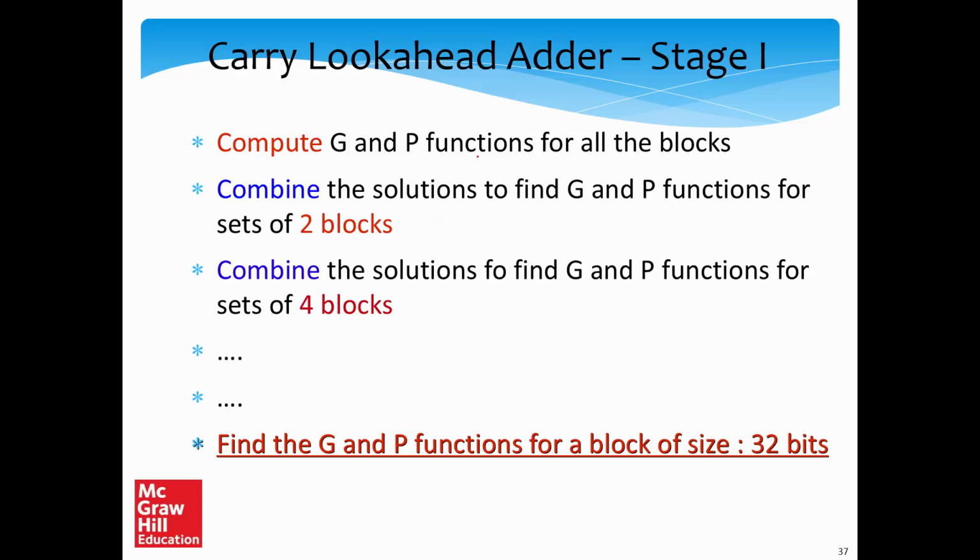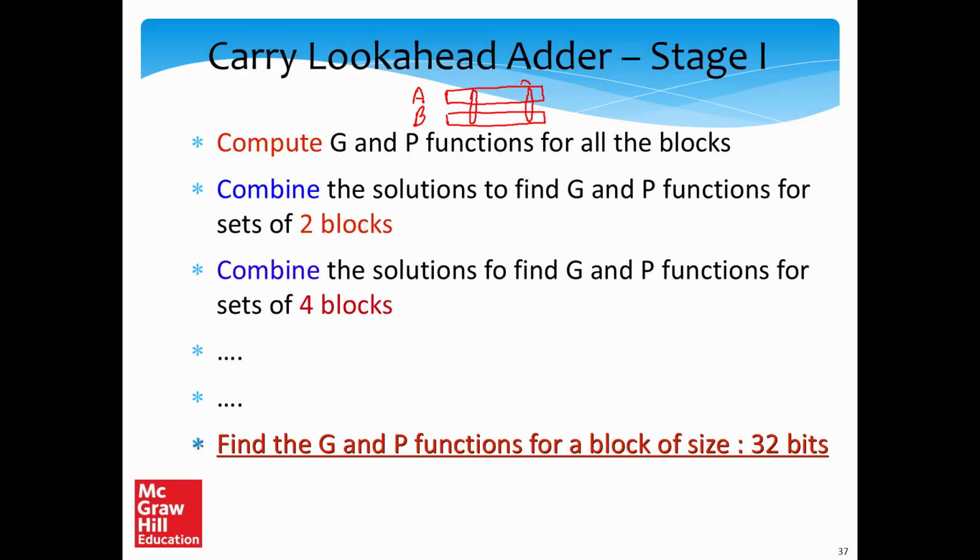Let me explain this. If we have A and B, and A contains 32 bits, B contains 32 bits, let's consider each bit pair. Initially we compute the generate and propagate functions for each bit pair.